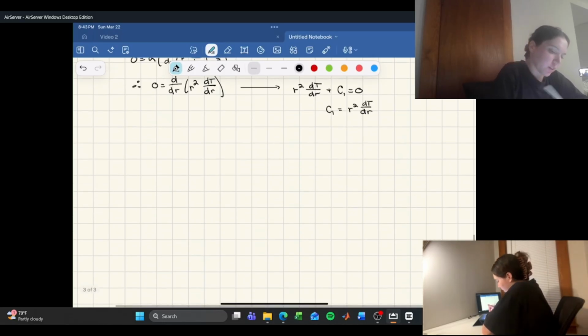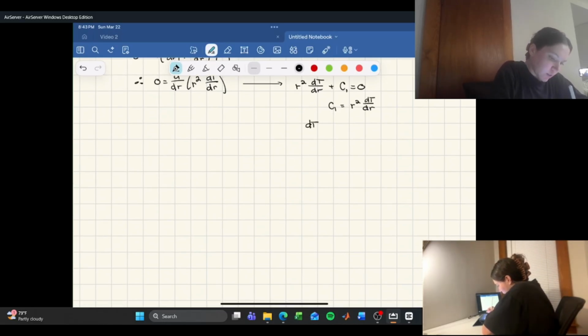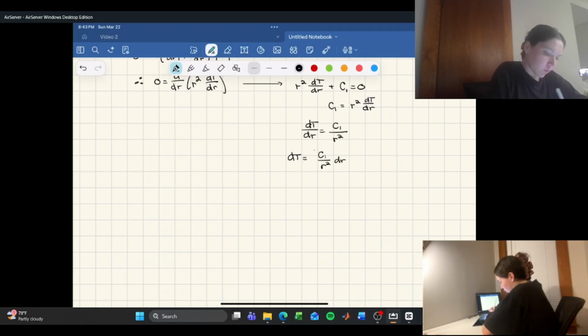And then we can rewrite this to have dT over dr is equal to some constant over r squared. We're going to end up with dT on this side being equal to some constant over r squared times dr, and then we will integrate both sides. Before I do that, this should be negatives here, and then this should be from the initial temperature to the final temperature.